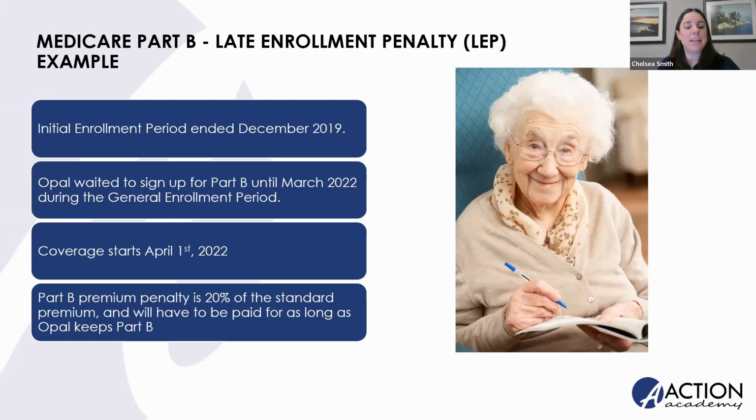And the Part B premium penalty is 20% of the standard premium and will have to be paid as long as Opal keeps Part B. So even though she isn't covered for that total 27 months, it rounds down to the fullest 12-month period. So she would only do 2 years, because it rounds down to 24 off of that 27.